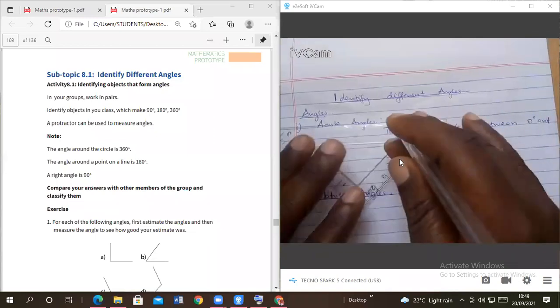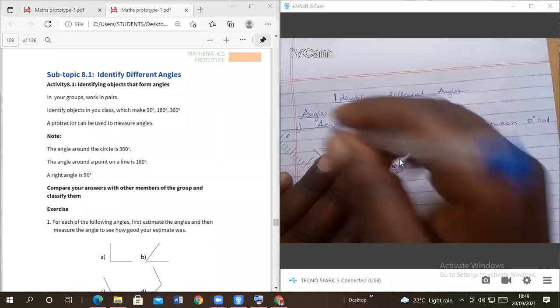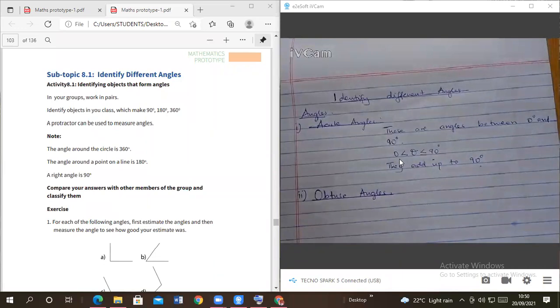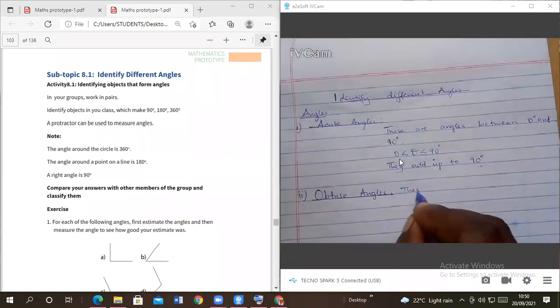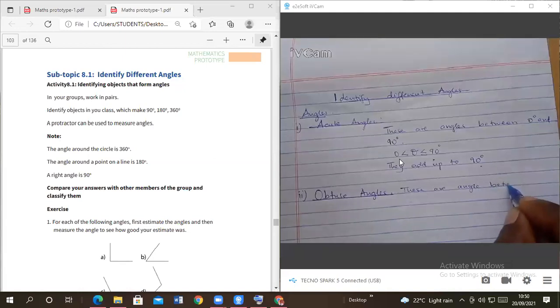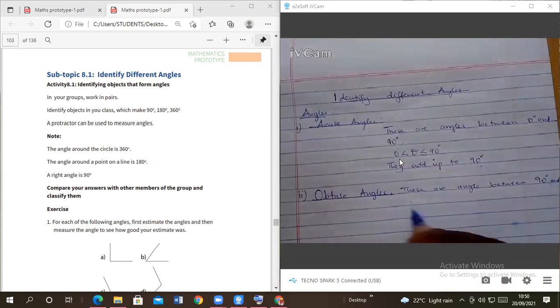It's quite long since you left primary. So obtuse angles are angles between 90 degrees and 180 degrees.